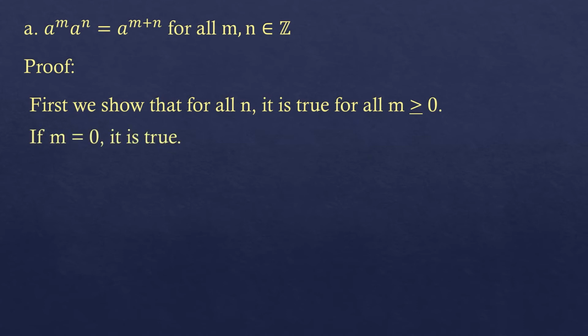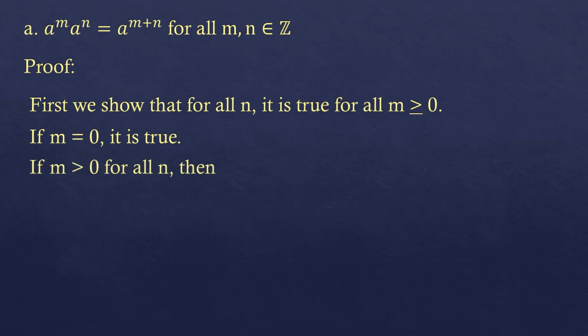If m is equal to 0, then automatically it is true because a to the power of m becomes the identity, a to the power of 0. And on the other side, a to the power of 0 plus n becomes a to the power of n, which equals a to the power of n. So that's understandable. It is true.